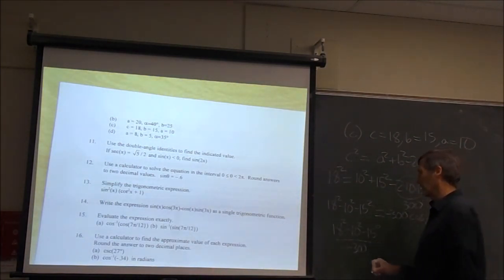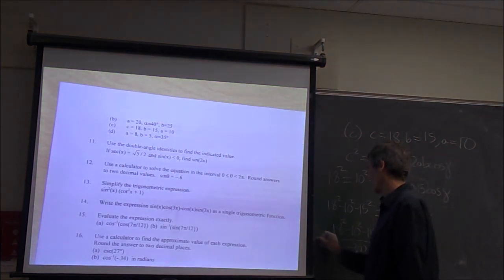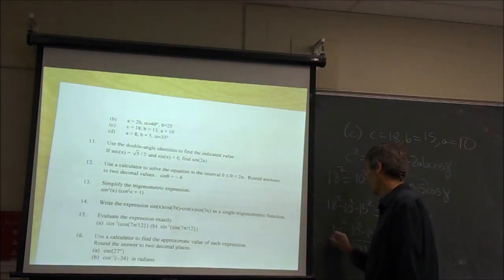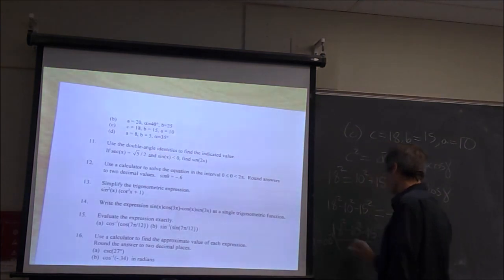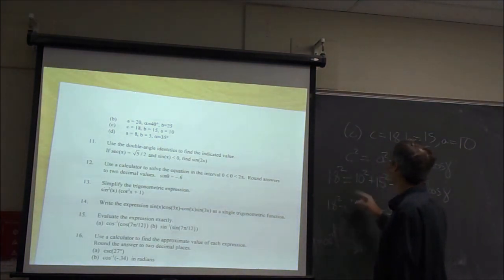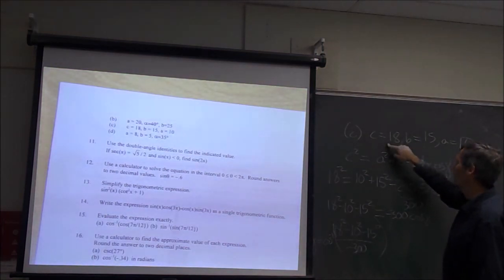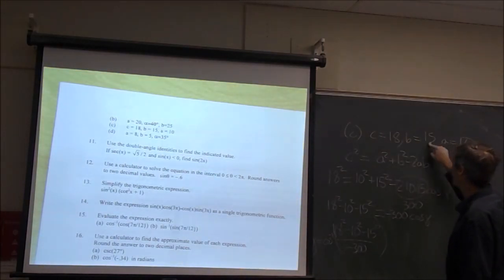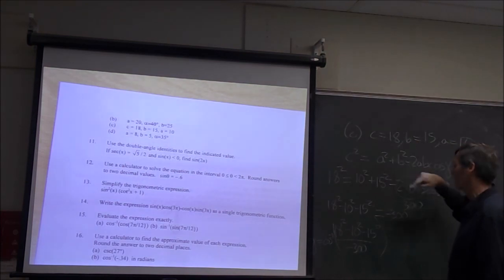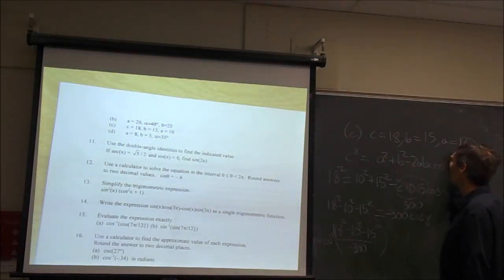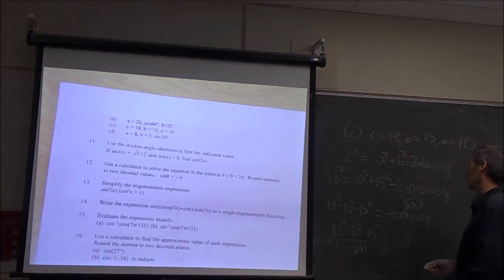Then gamma has to be the inverse cosine of this. Remember, there is no ambiguous case with the law of cosines, so gamma is the inverse cosine of whatever this number is. Unless, you better check it, the sum of the two smaller sides is bigger than the other side, otherwise it's not a possible triangle. The sum of the two smallest sides, 25, is bigger than this one. If these aren't at least as big as the longest side, then it's an impossible triangle.